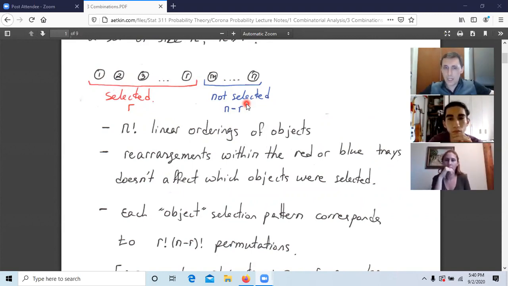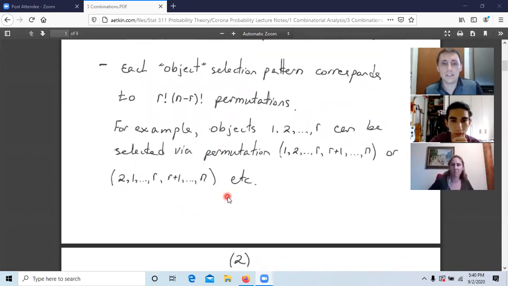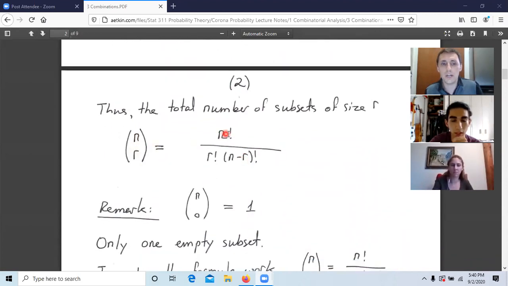So in terms of language, each particular actual outcome corresponds to R factorial times n minus R factorial words. Because each actual outcome has the same number of synonyms, we can just take the total number of words and divide by the synonyms to obtain how many meanings. The total number of words divided by total synonyms is the number of meanings, and that gives us the formula: n choose R is n factorial over R factorial times n minus R factorial.